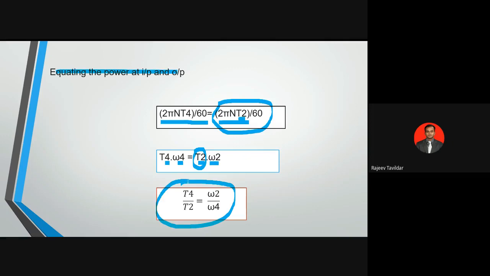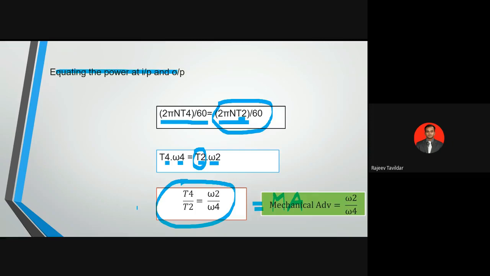It is just a very simple arrangement of the equations of power and rearranging terms. You are going to get this ratio of output torque to the input torque. And as per our definition, the ratio of the output torque to the input torque is nothing but our mechanical advantage. So from the diagram, I've come to this equation, wherein mechanical advantage is omega 2 upon omega 4.